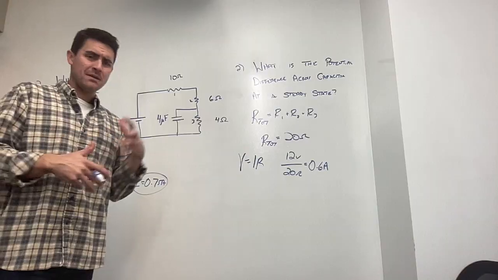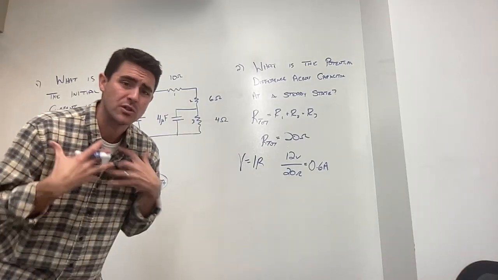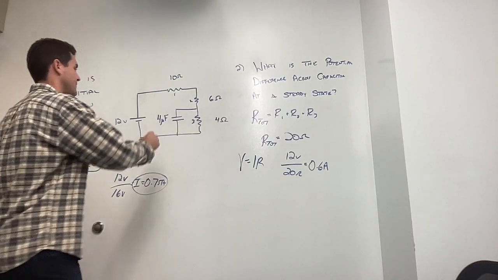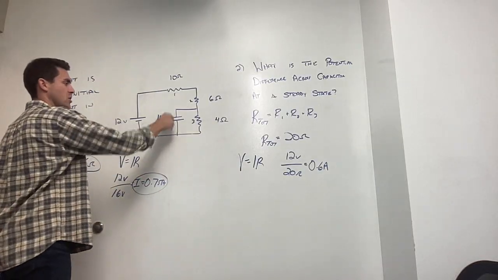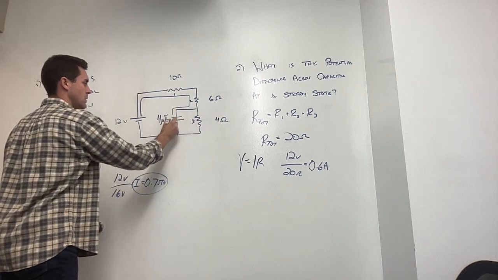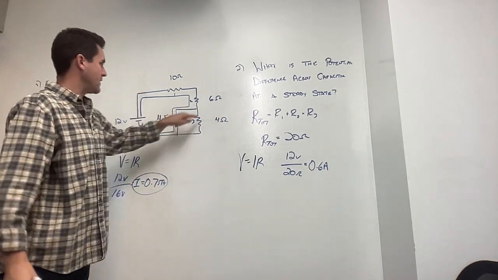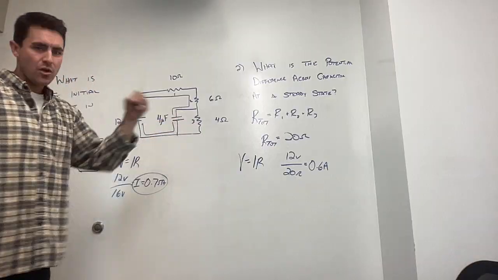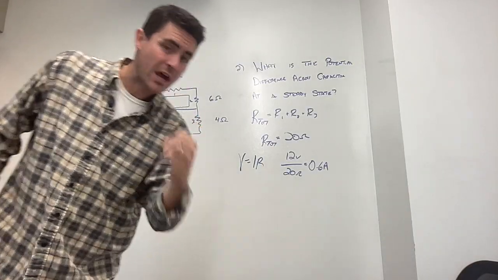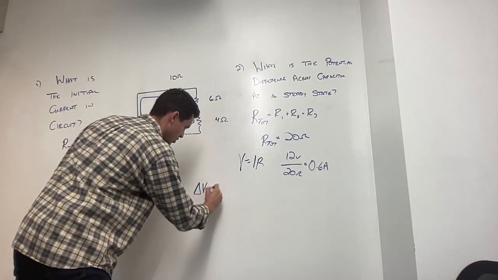So anytime I am asked to find voltage or potential difference, I'm going to use the loop rule. So let's find the loop. I want to find the potential across this capacitor. Here's my loop. All right, I got a battery, I got resistor 1, I've got resistor 2, I've got a capacitor. Though that's the loop back to the battery. I know that the total change in voltage should be 0.